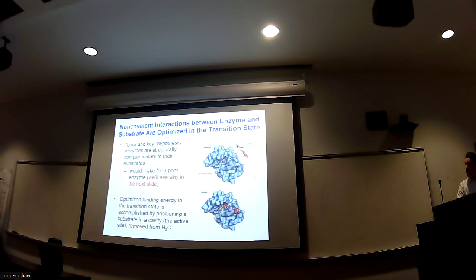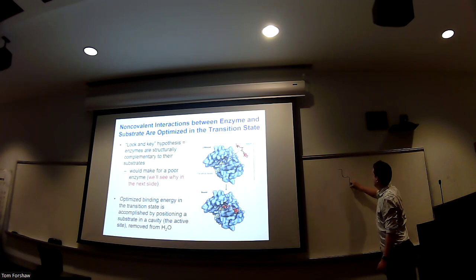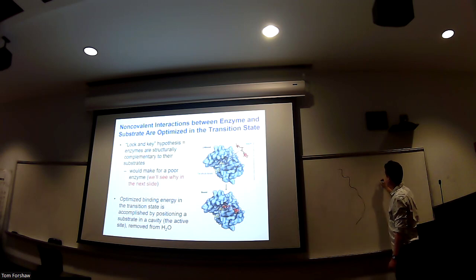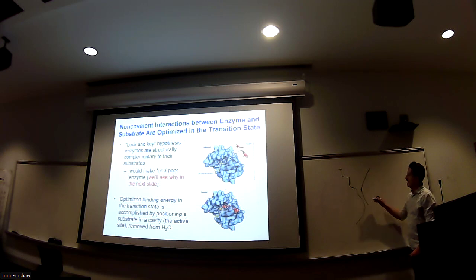But not all water will be displaced. Some of the water will actually help the substrate orientate itself into the binding pocket because it will form hydrogen bonds, and sometimes it can bridge a gap. Maybe the binding pocket looks like this, and maybe you have a substrate that comes in like this, and there's an interaction across here that helps it to bind into the pocket.